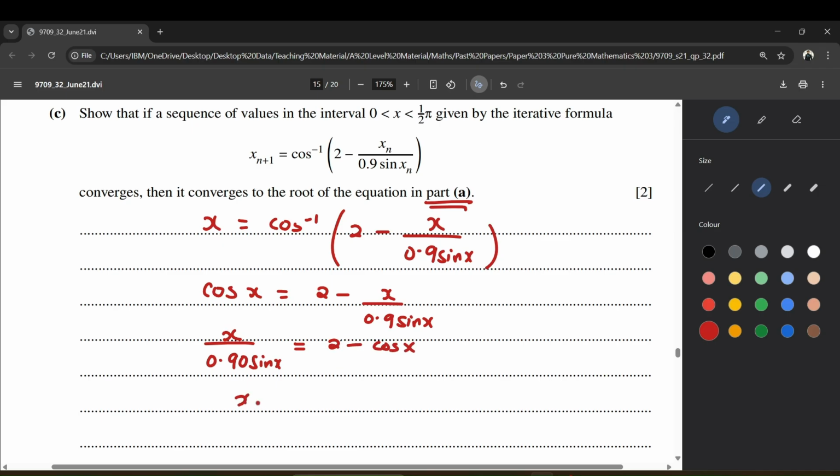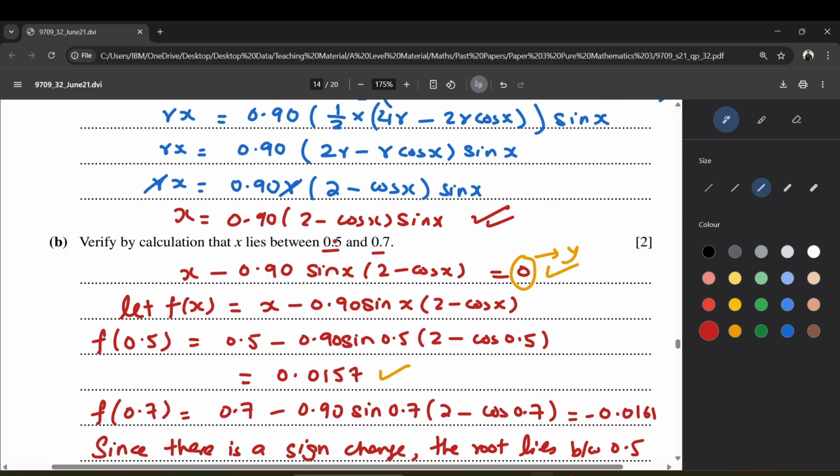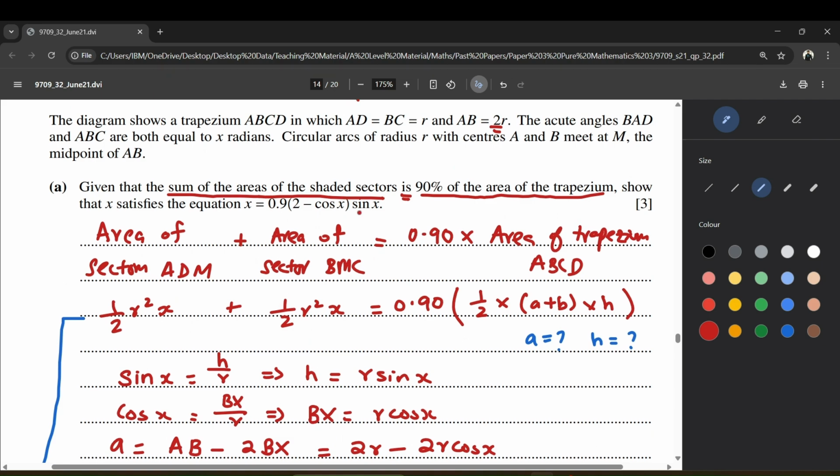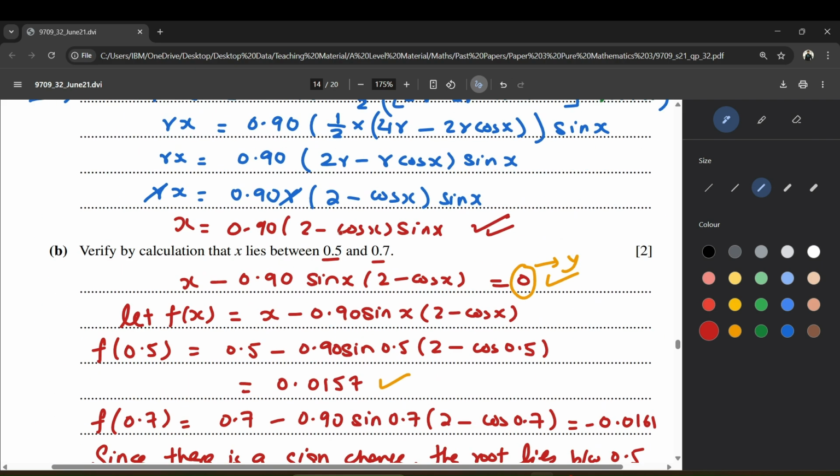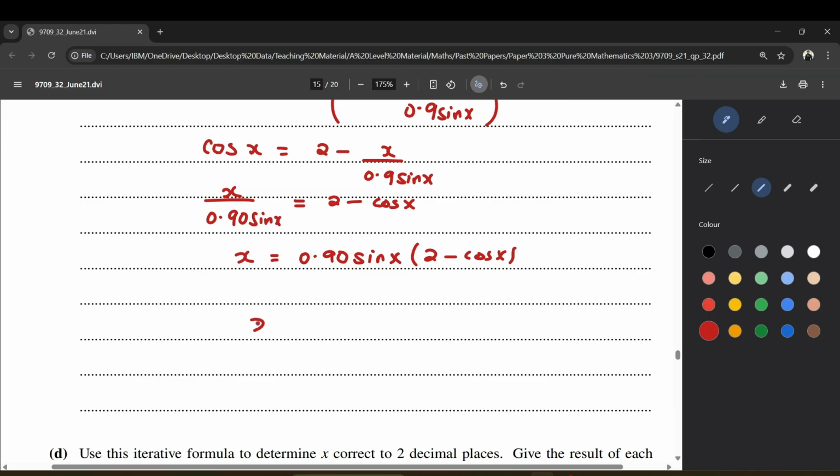Now if you multiply the entire denominator to that side, that will be 0.9 sine x times 2 minus cos x. So we have reached the same equation as in part A, except the sine x is written on the right hand side. Therefore x is equal to 0.9 times 2 minus cos x multiplied by sine x.